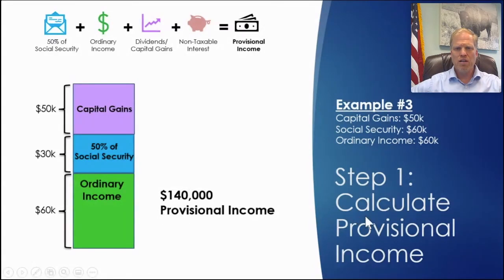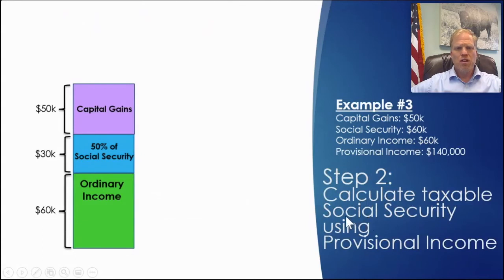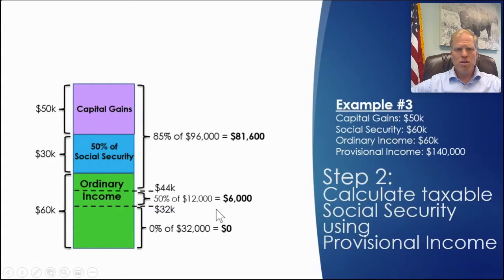So we've calculated that. Step 2, how do we use that provisional income number to calculate how much of our Social Security is taxable? We're going to use those two thresholds again, apply the thresholds, and we come up with a number that seems a little out of this world. It says 87,600 of your Social Security is taxable, but you've only made 60,000 in Social Security wages.